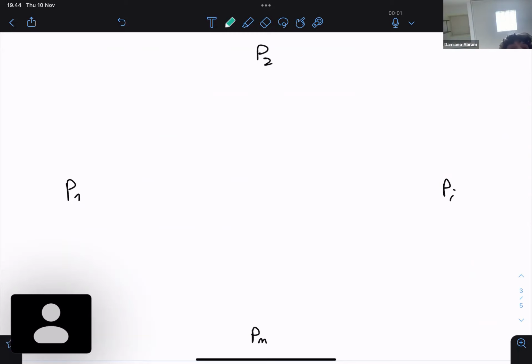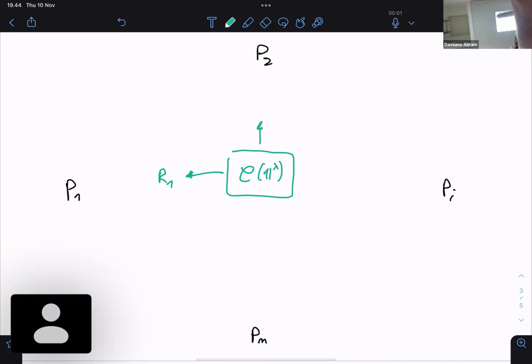We don't deal with a distribution D, but with a correlation function C. This is a randomized algorithm taking as input the security parameter, and it has N outputs, one for each party. In particular, we denote the i-th one of these outputs by R_i.